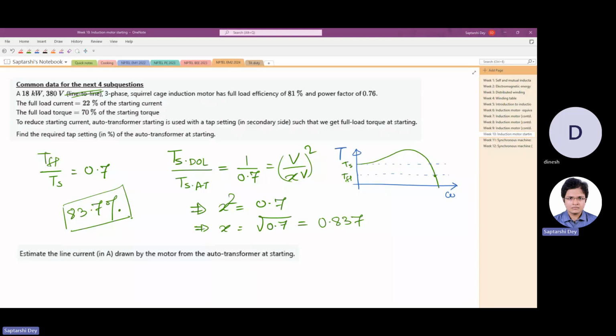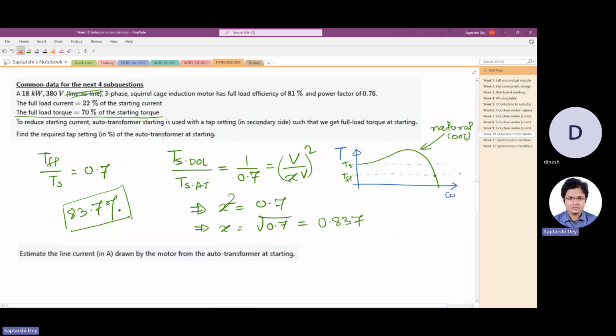How do I know the torque speed characteristic is like this? I know from this statement: full load torque is 75% of the starting torque. So full load torque, I have shown lower than the starting torque. Okay, now this curve is natural, or you can also say DOL.